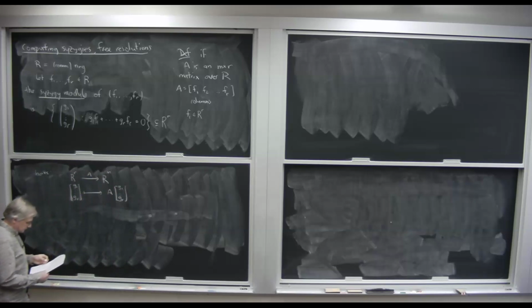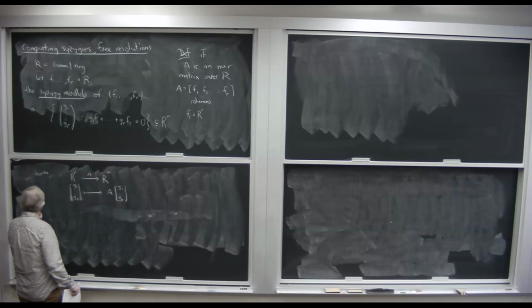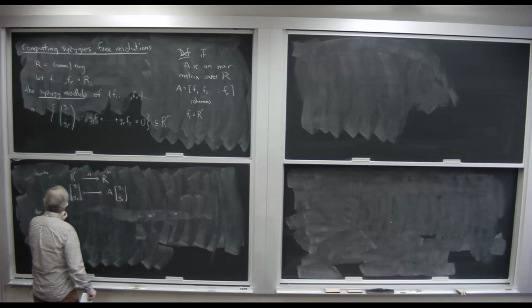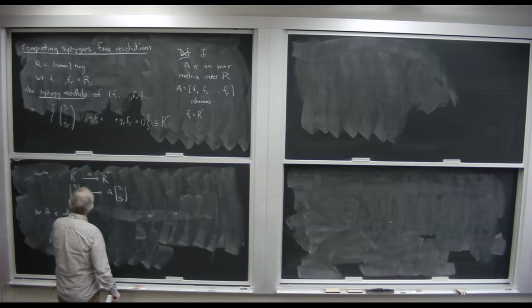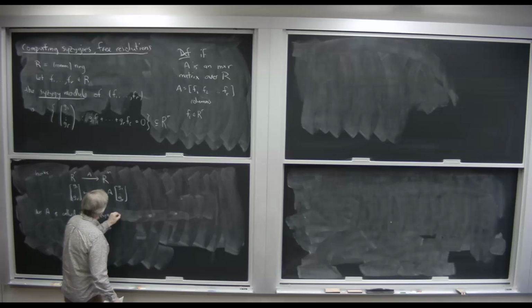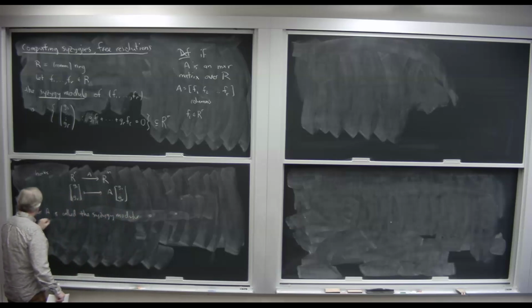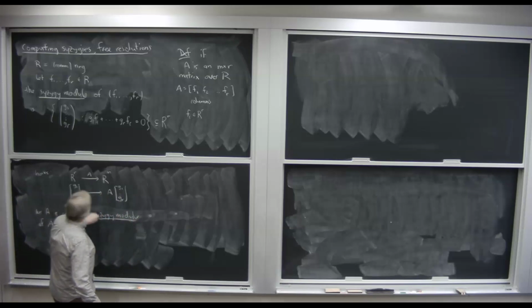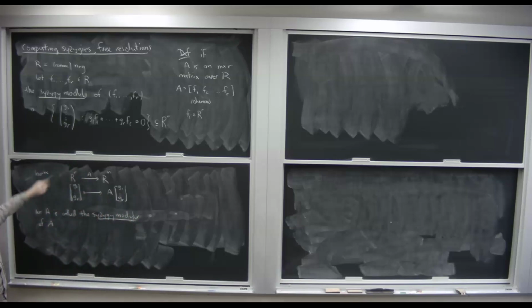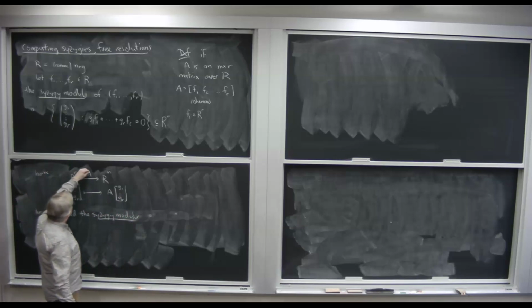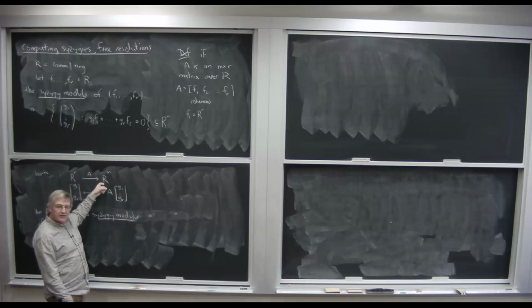And then the kernel of A is called the syzygy module of A. It's exactly the same as that, but that was a one-row matrix. So basically, syzygy modules are just the kernels of maps.